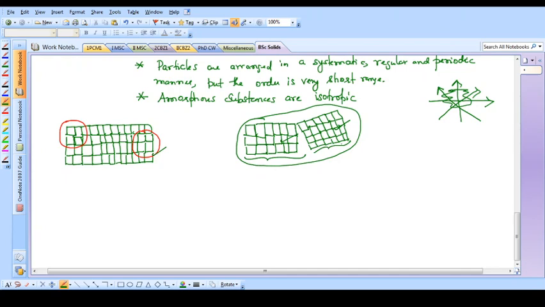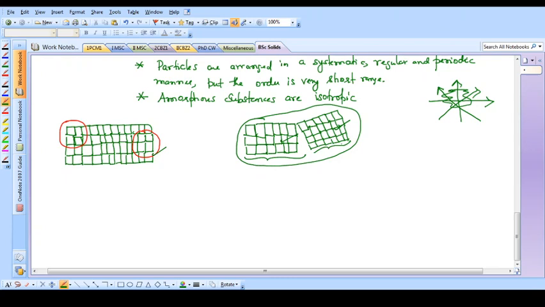Okay, so for that we require some definitions that have to be understood. We have to understand some concepts such as lattice points, lattice plane, space lattice.